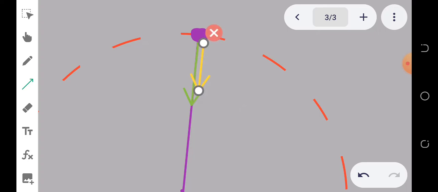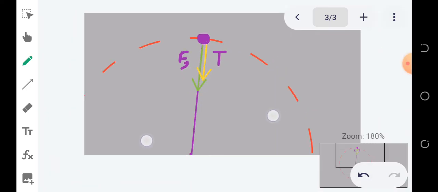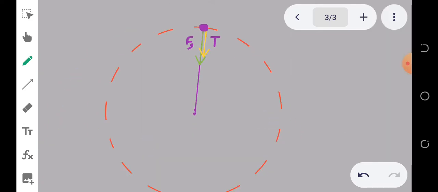Why is that happening? Because the acceleration is downwards. So this is the tension force acting downwards, and the other one is the gravitational force, F of G, also acting downwards, because the ball is going downwards.